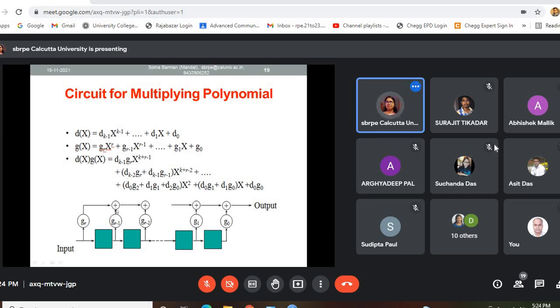This addition is a modulo operation. So D0 is the input coming in, it is shifted and multiplied with the generator coefficients, then added, and the output is generated. So this is nothing but your shift register. Clear?